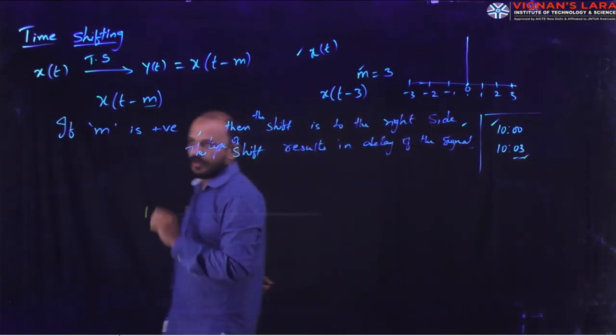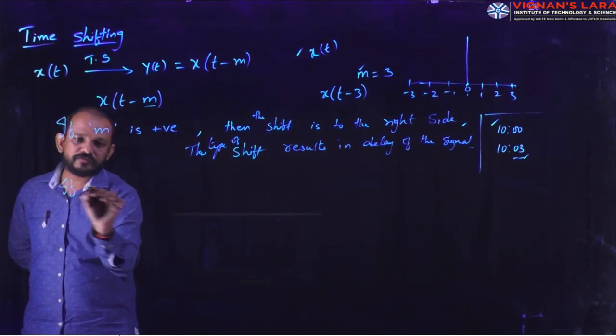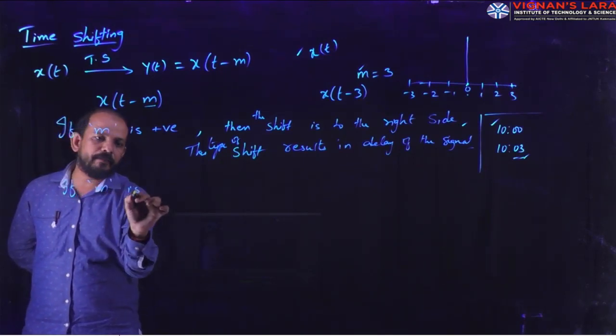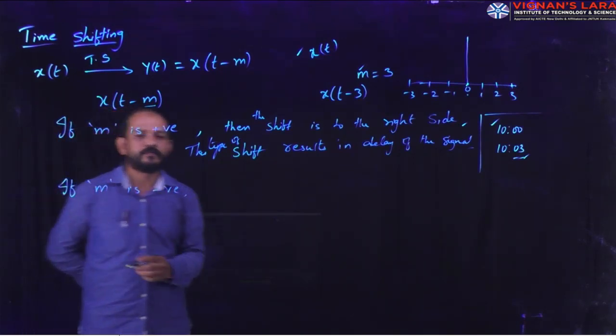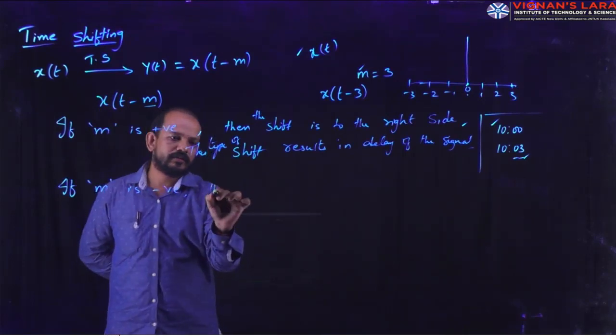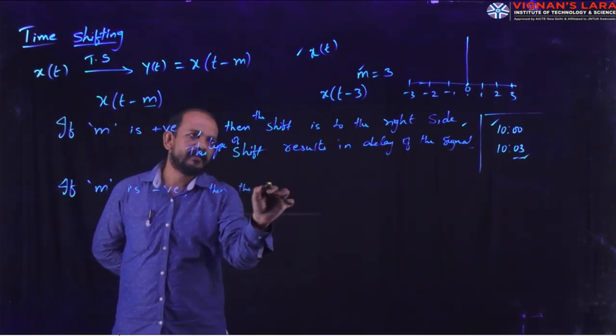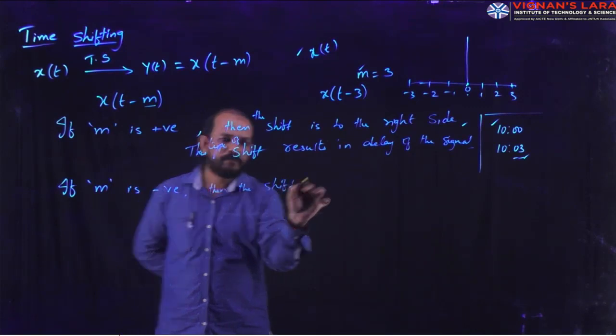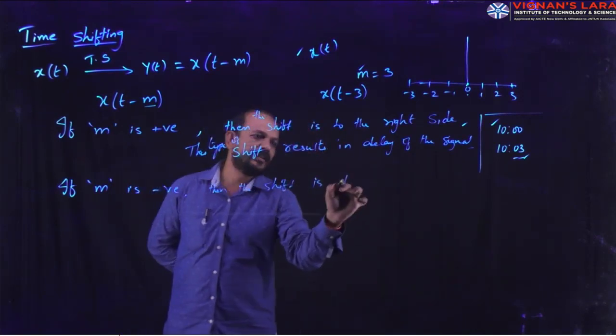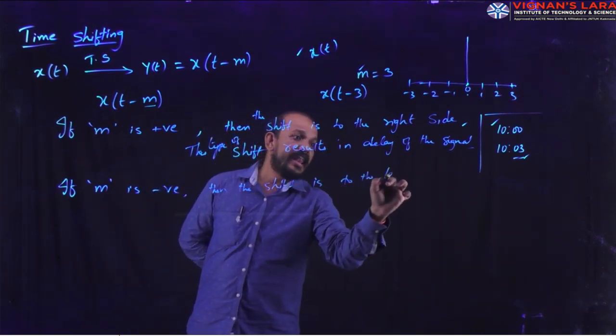Now, if m is negative, then the shift is to the left side.